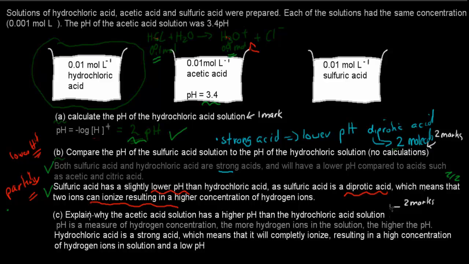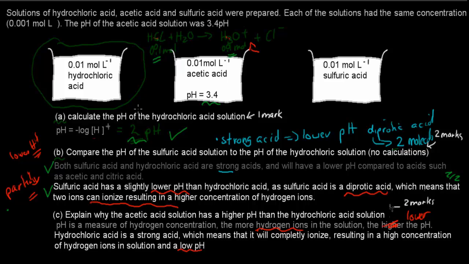So first I said pH is a measure of hydrogen concentration. The more hydrogen ions in the solution, the lower the pH. Hydrochloric is a strong acid, which means that it will completely ionize, resulting in a high concentration of hydrogen ions in solution and a low pH.